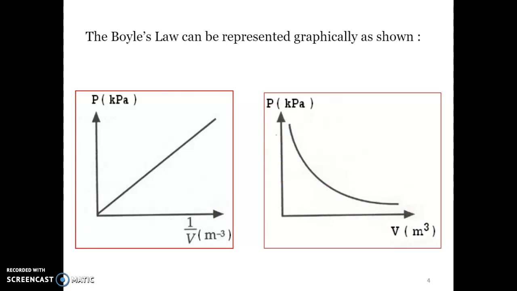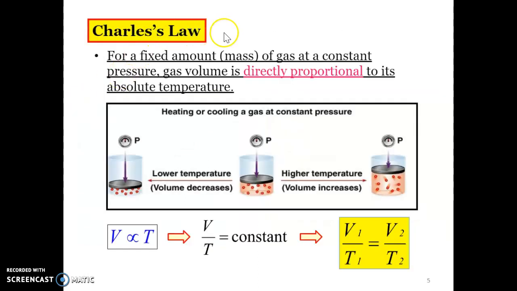Okay, the next law is Charles' law. Charles' law states that for a fixed mass of gas at a constant pressure, gas volume is directly proportional to its absolute temperature.